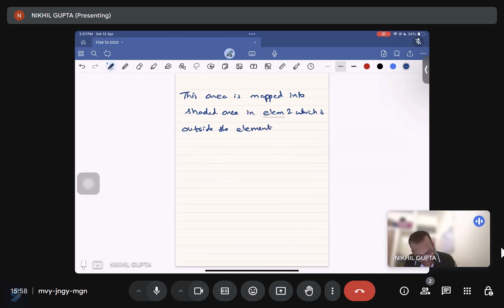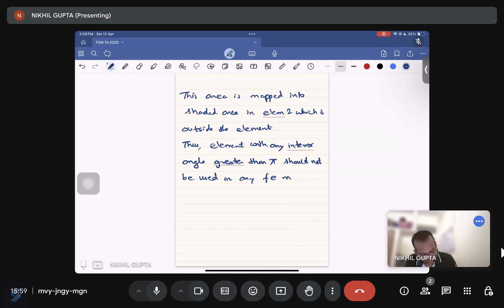Thus what we can conclude here, thus element with any interior angle greater than pi should not be used in any FE mesh.